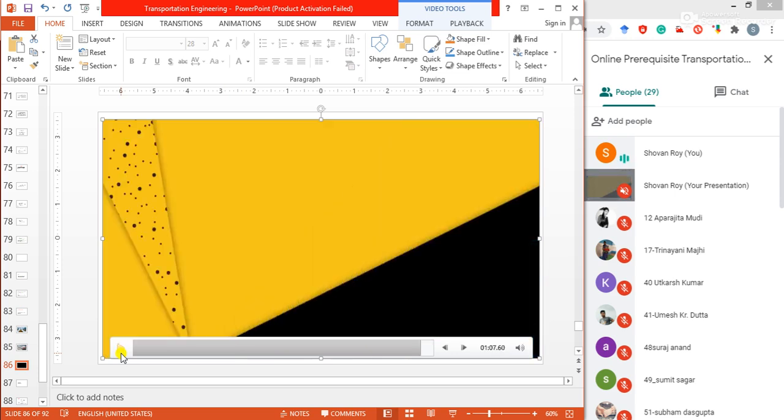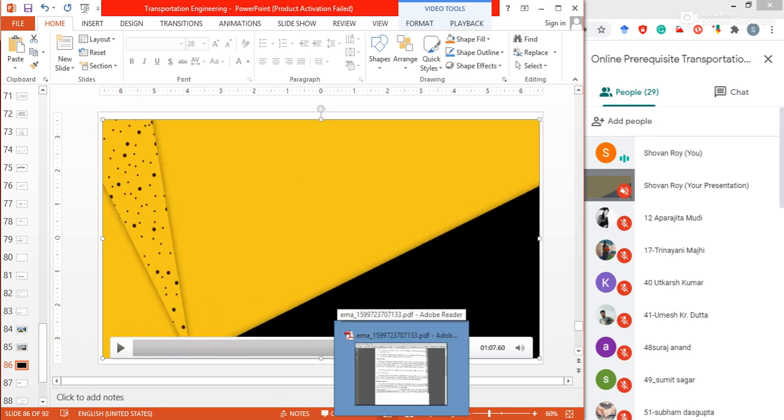So from this video I can say that proper sight distance and sight line should be there, and only then can collisions or accidents be avoided.